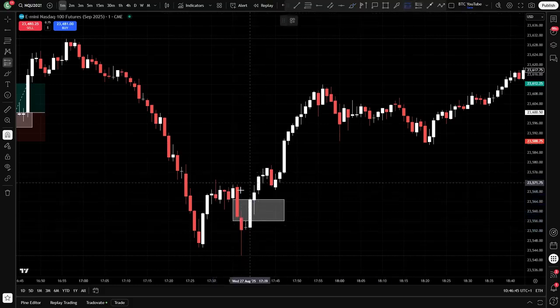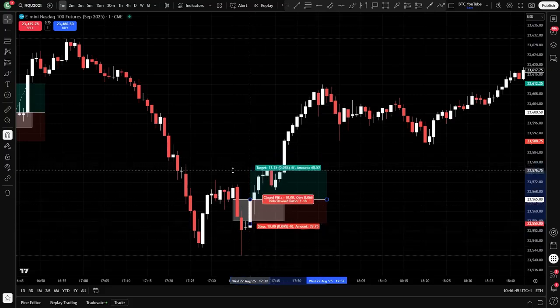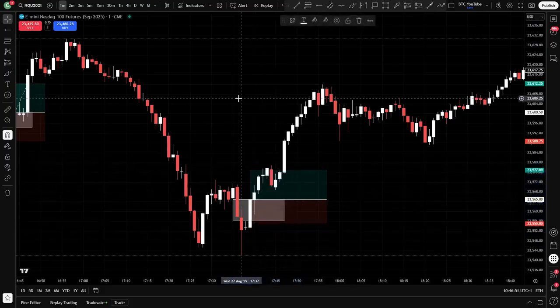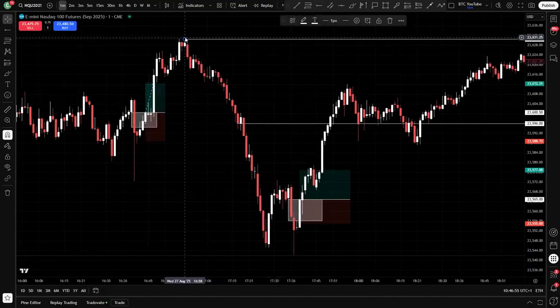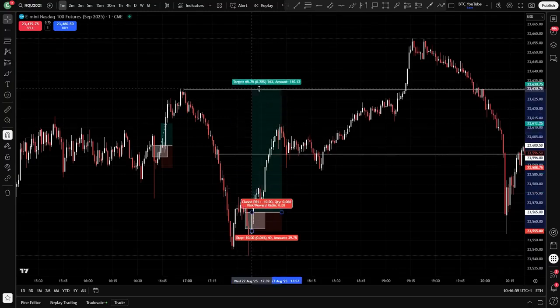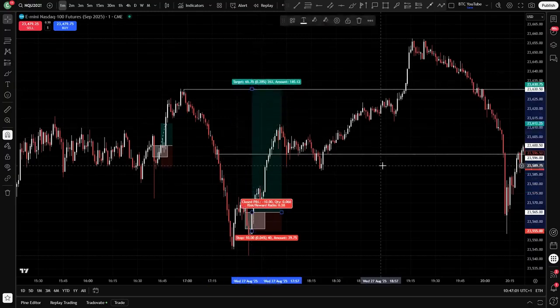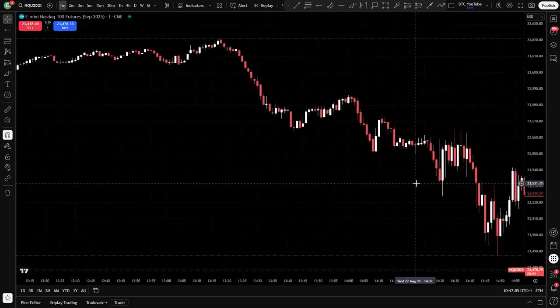This would have been a good trade as well. Target 1 for 1. That would have got a hit straight away. Rest of it break even. Targets runners up, back up through the V shape. That would have eventually gone up and hit a really nice 6R or something like that. Going into the evening, another really good trade and a great example of what you can do with the strategy.